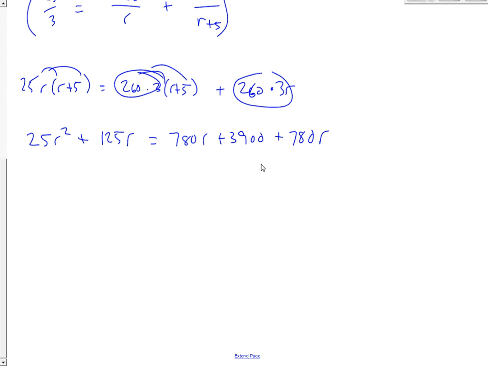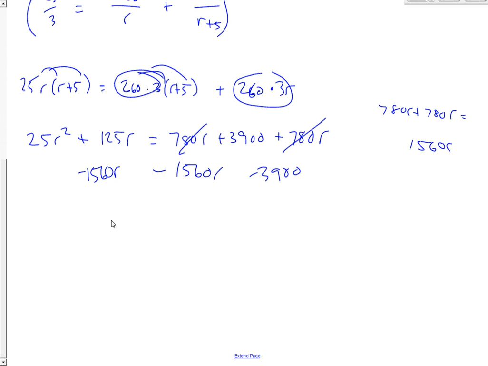Okay, I've got a quadratic, so I'm going to get everything over to the left-hand side and set this equal to 0. Since 780r plus 780r is equal to 1560r, I'm going to subtract 1560r from both sides. That will cancel out both of these 780r's. And I also need to subtract 3900 from both sides.